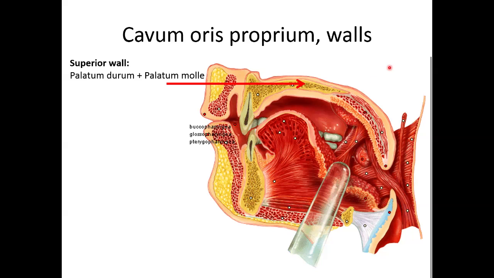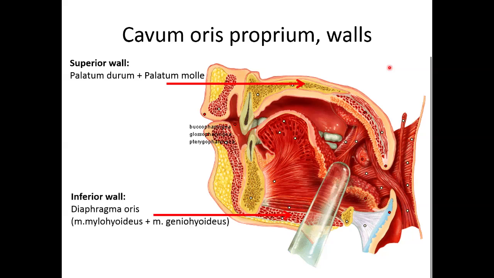And according to the inferior wall, here it is, inferior wall, we can say that it consists of diaphragma oris, which again consists of musculus mylohyoideus, here it is, and above of it musculus geniohyoideus, here it is, musculus geniohyoideus.